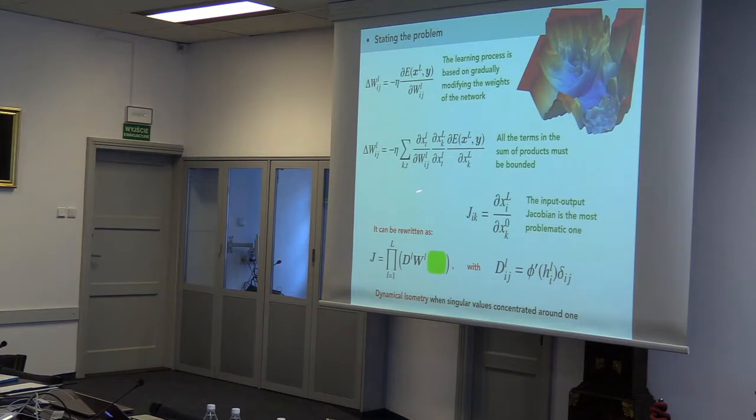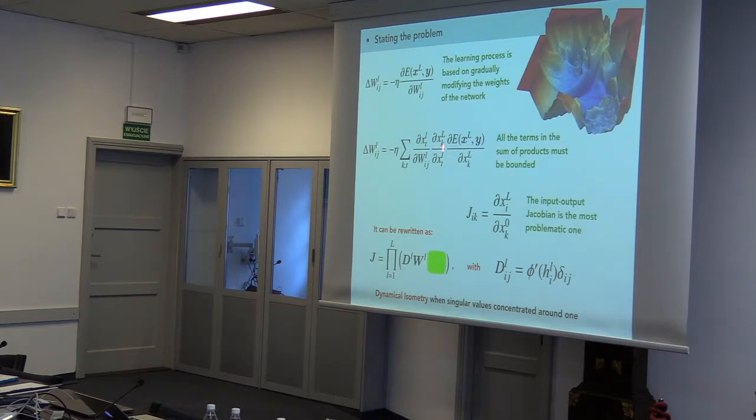Okay, and the most problematic term in this sum, the one that either may make your weights jump too far, okay, so the adjustments be too big in such a way that you jump out of some valley, for example, in this complex hyperplane, okay, or they can be too small so that you don't move at all during learning.